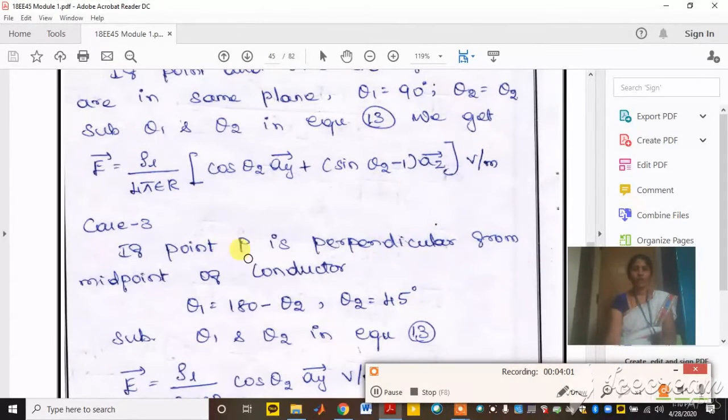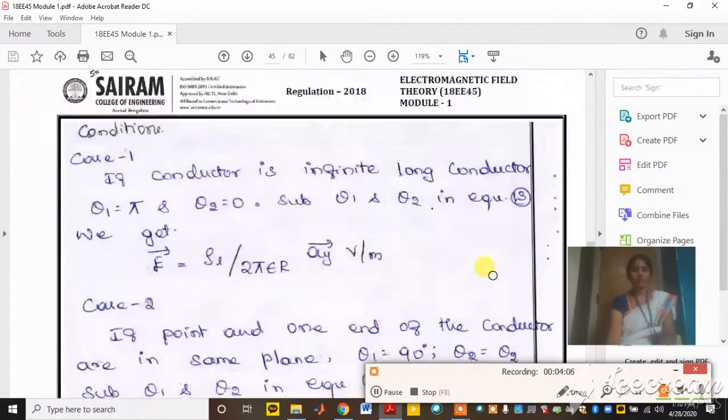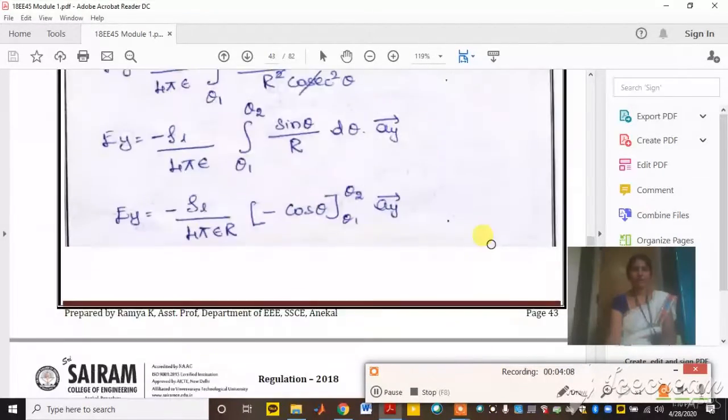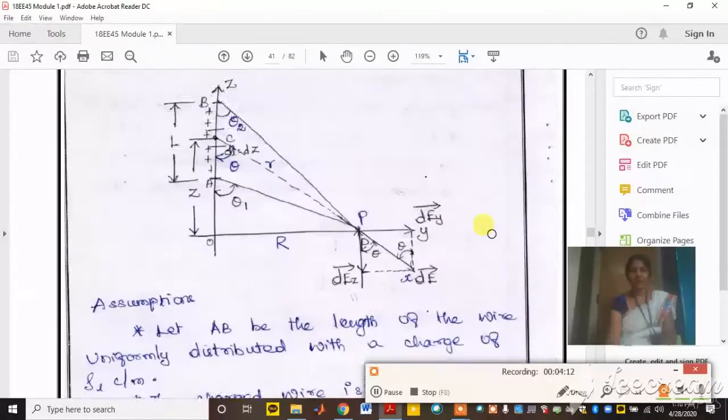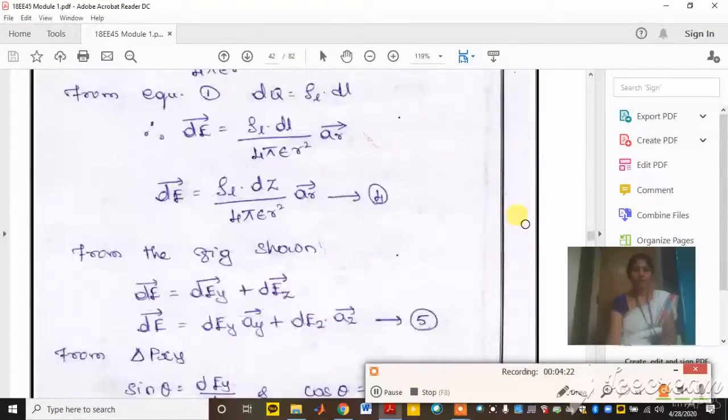Suppose point P is perpendicular from the midpoint of the conductor. Here, instead of placing the point on the y-axis, if point P is the midpoint of this conductor, then theta 1 will be 180 minus theta 2 and theta 2 is equal to theta 2.